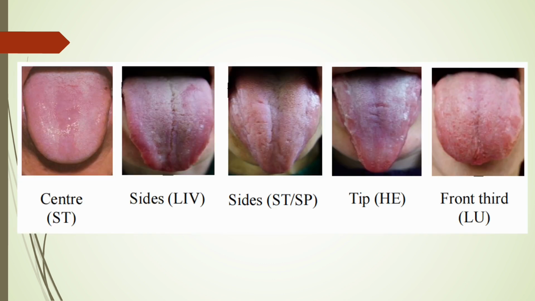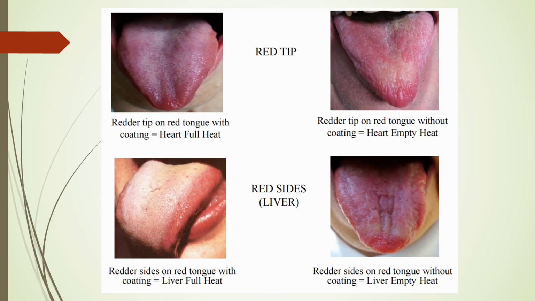There are 5 areas where the tongue is commonly either red on a normal tongue or redder on a red tongue: the center, the stomach and spleen area; the sides, the liver area; the sides around the center, the stomach and spleen area; the tip, the heart area; and the front third, the lung area.